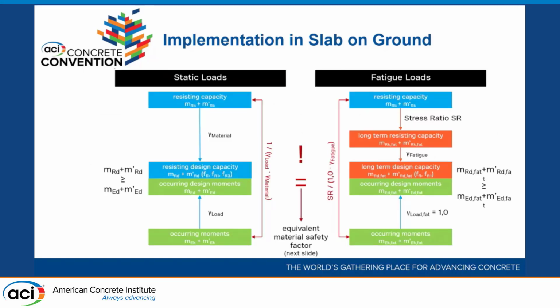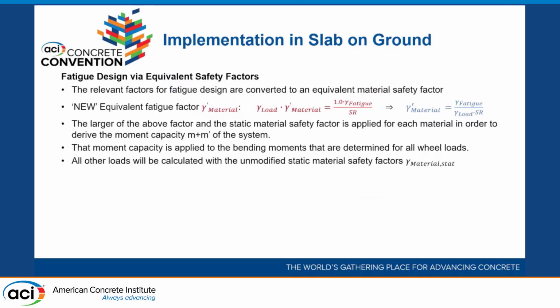I simply inverted these because the 1 over was complicated. So both of them are inverted from that slide, so there's no 1 over here, but this is also inverted. So you solve that, and this material factor is the fatigue over the load and the stress ratio factor. We take the larger of those.